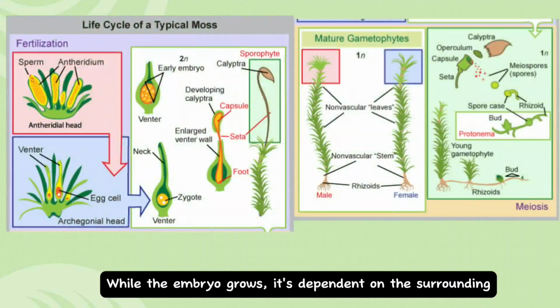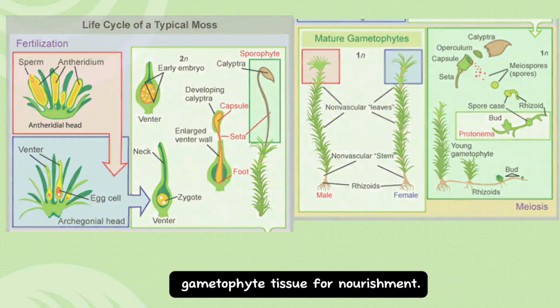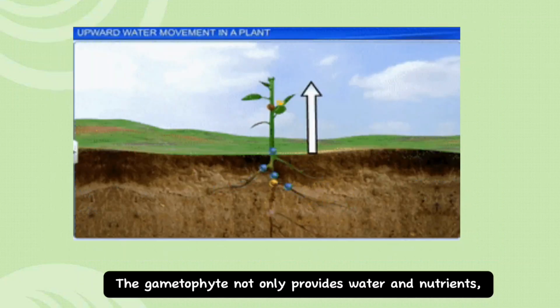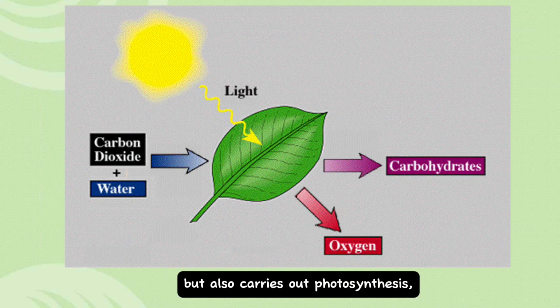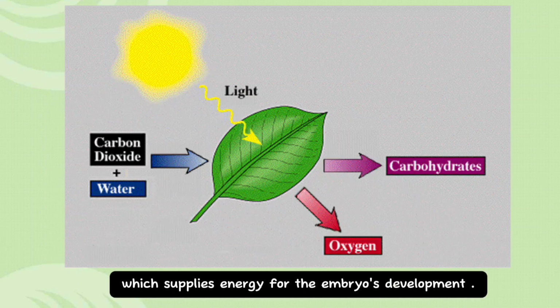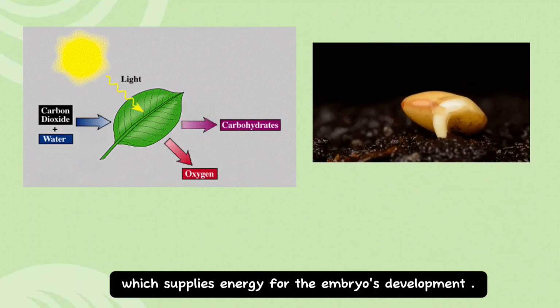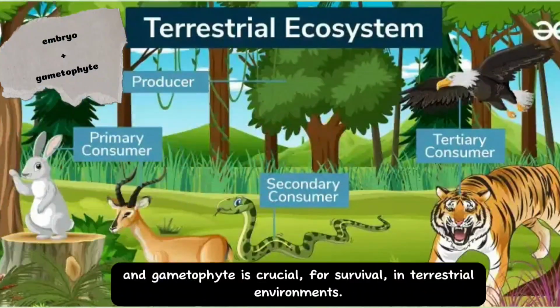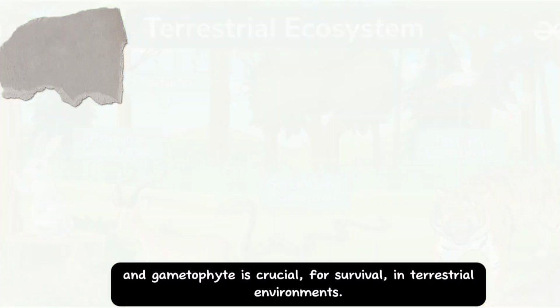While the embryo grows, it's dependent on the surrounding gametophyte tissue for nourishment. The gametophyte not only provides water and nutrients, but also carries out photosynthesis, which supplies energy for the embryo's development. This close relationship between the embryo and gametophyte is crucial for survival in terrestrial environments.